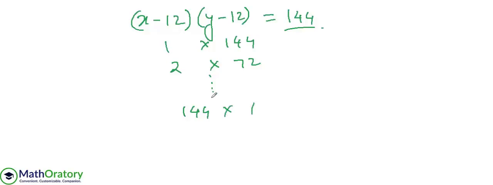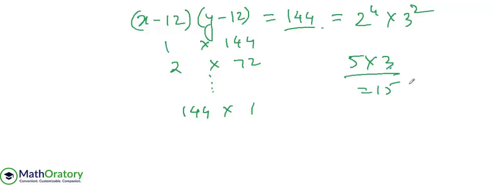Even the reciprocal is allowed because x and y are declared variables, so we are looking for ordered solutions. So we are looking for all possible factors of 144. 144 is 12 square, so 2 to the 4 times 3 square; 5 into 3, total of 15 factors.